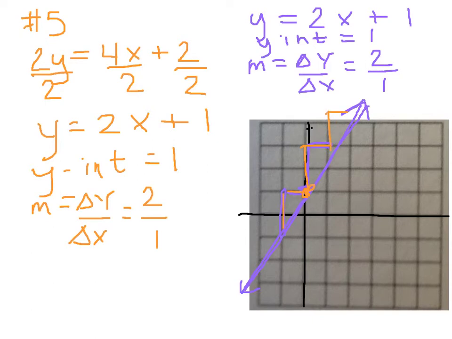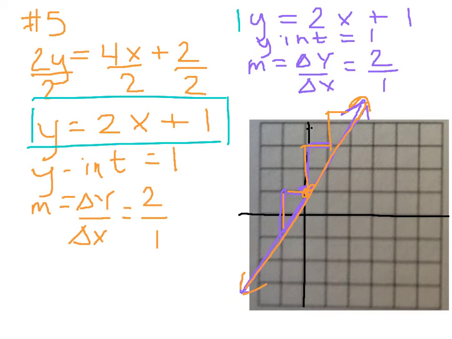And lo and behold, I have this line right here. So they work out to being the same line. You can see when I put them in slope-intercept form, I got the exact same equation. So it makes sense that when I graph the same equation, I get the same line.